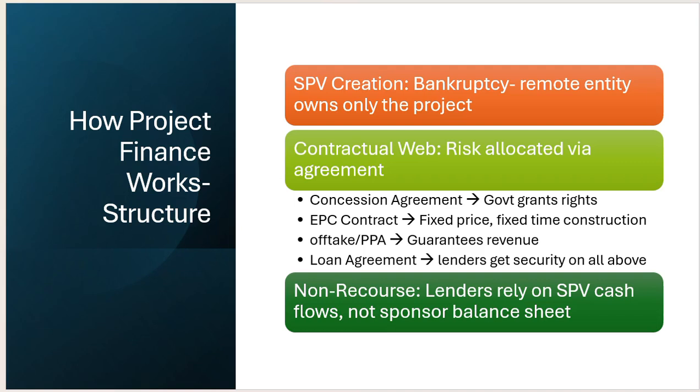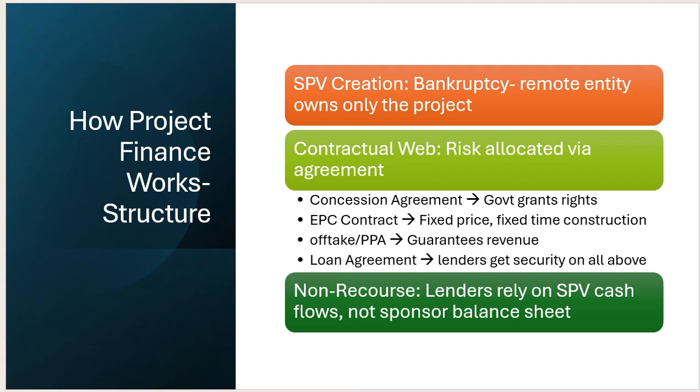In project finance, for that specific project they create a special purpose vehicle, a bankruptcy-remote entity owned only for the project. So that works only for that project. And the contractual web allocates risks via agreements. There are different types of agreements created by the different stakeholders like the government, lender, sponsor, contractor, and user.